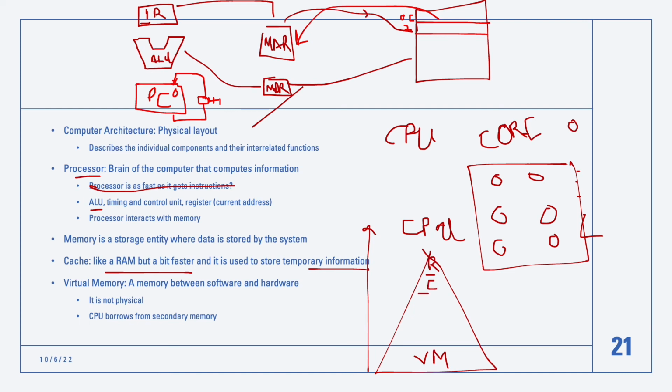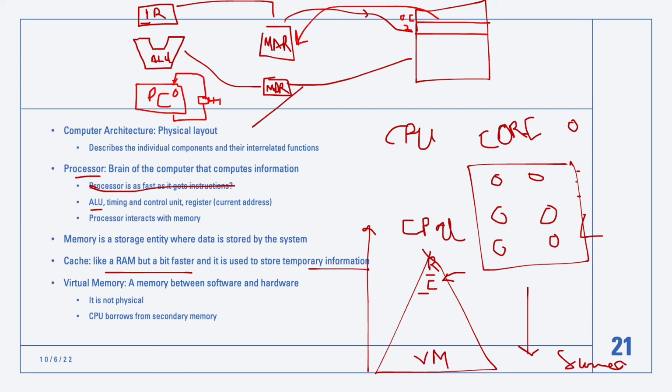So the closer you are to the processor, the more expensive but the faster you are. This means the more you move down, the slower the memory system is.